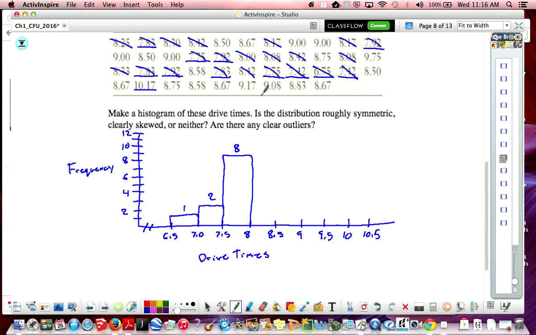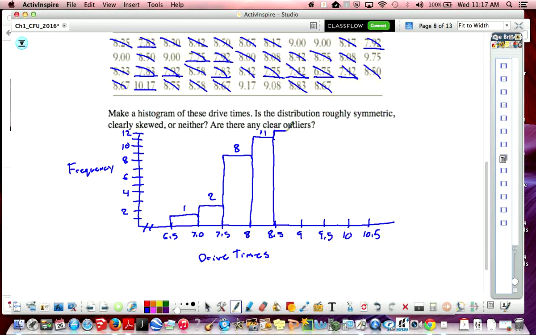And that's all of them. I got 11 of them. So I'll draw that one up, and I like to write the numbers right above it. Keep on going now for the 8.5. So all the other 8s, 1, 2, 3, 4, 5, 6, 7, 8, 9, 10, 11, 12.